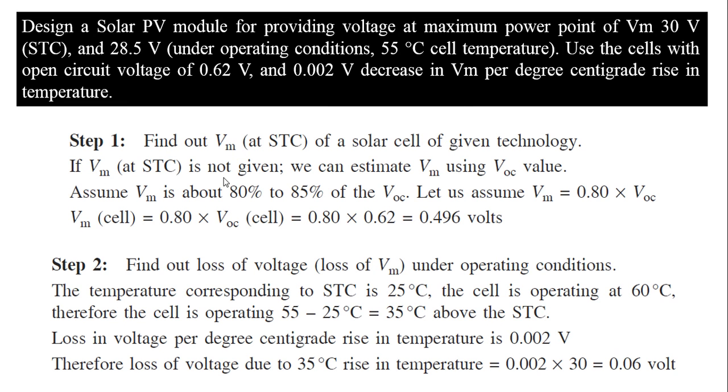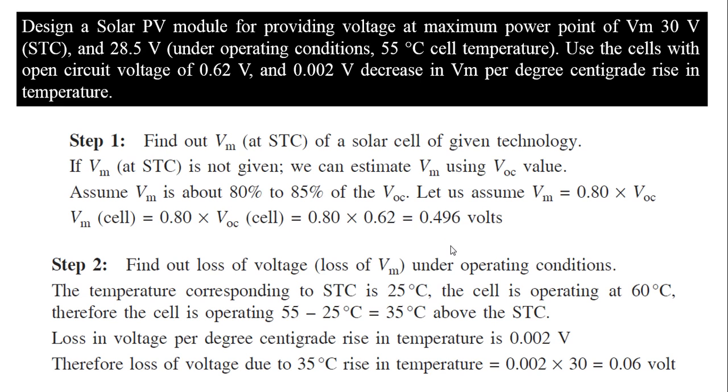If Vm is not given, again we can estimate. Here the Vm is given but the VOC is not. So assuming Vm equals 0.8 into VOC, then Vm of the cell is 0.8 into 0.62, that is 0.496 volt.